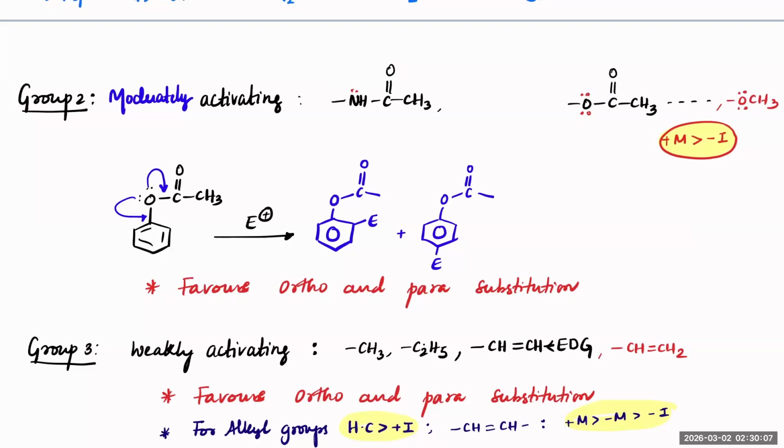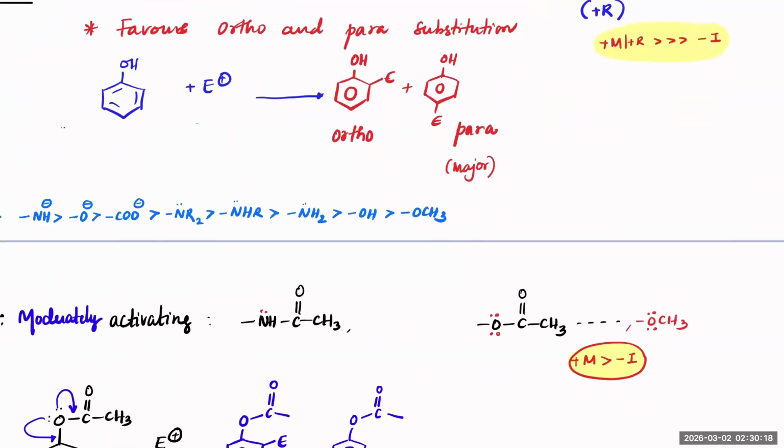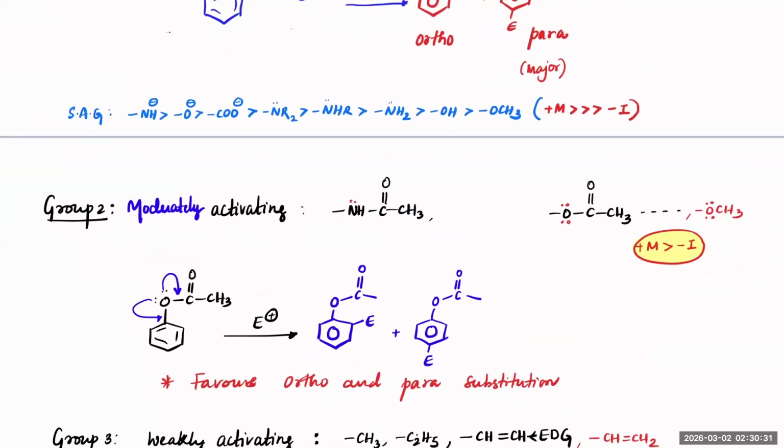But overall, the plus M ability of this group is still greater than the minus I. Actually, all of these groups I have mentioned show plus M and also minus I, but plus M is far greater than minus I in this case. In the first case, strongly activating groups.